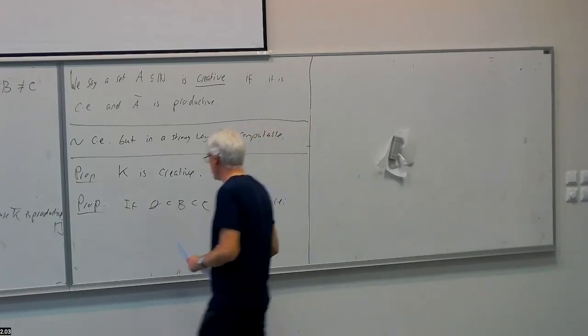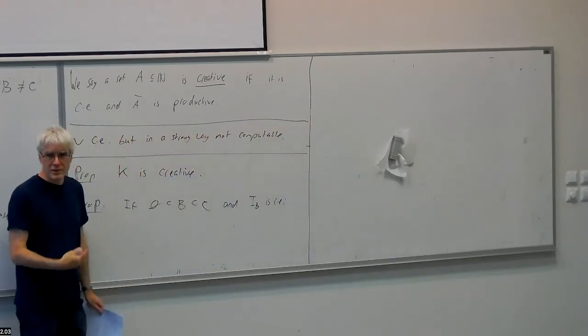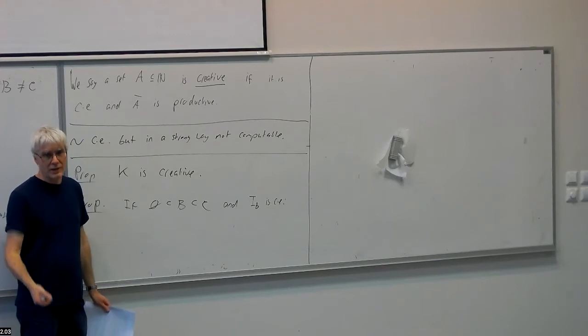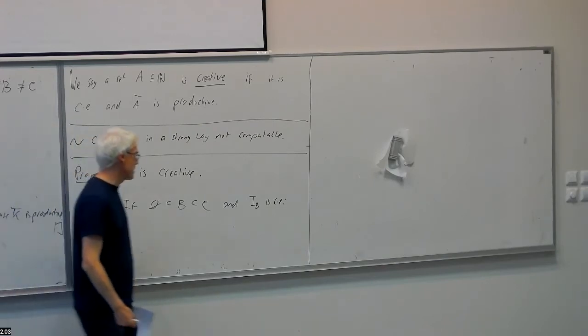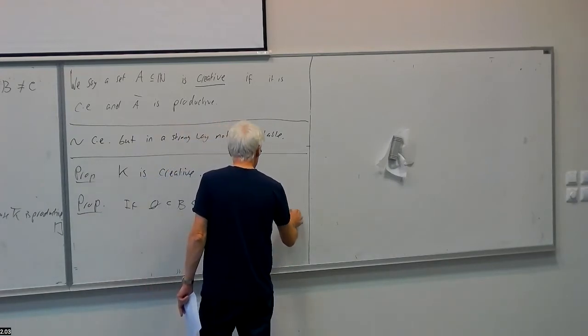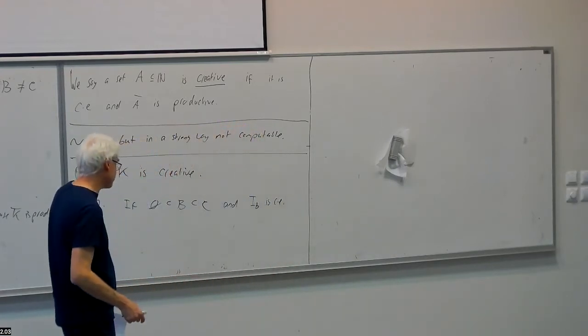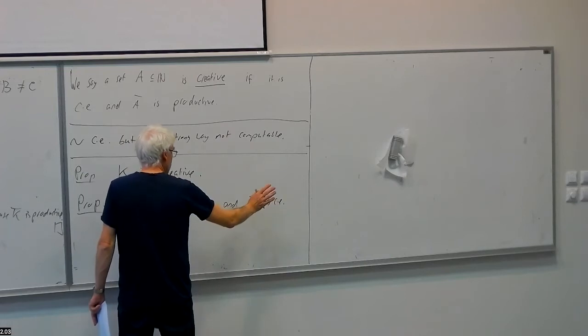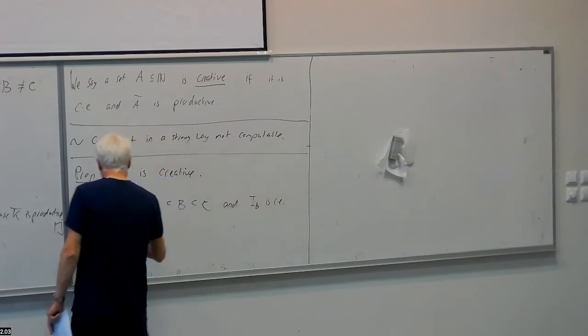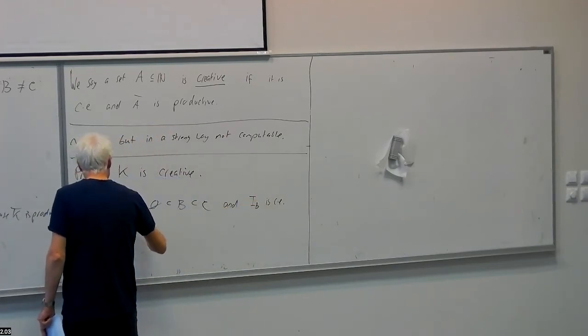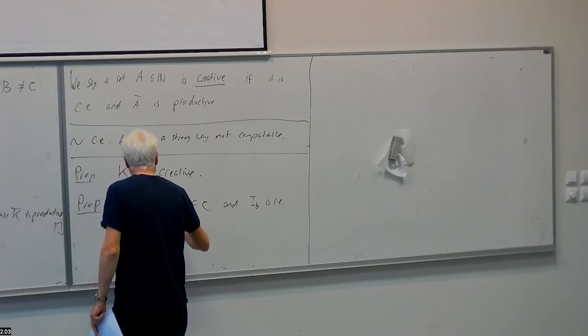We saw last week Rice's theorem, which tells us that for any function in it, there's some finite subfunction that determines membership in the set. But the result I want to mention now is that if the index set is computably enumerable, then it is creative.